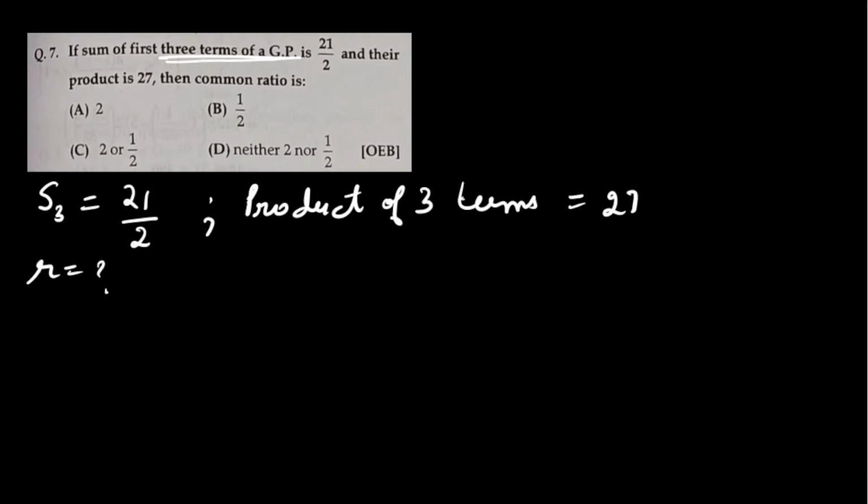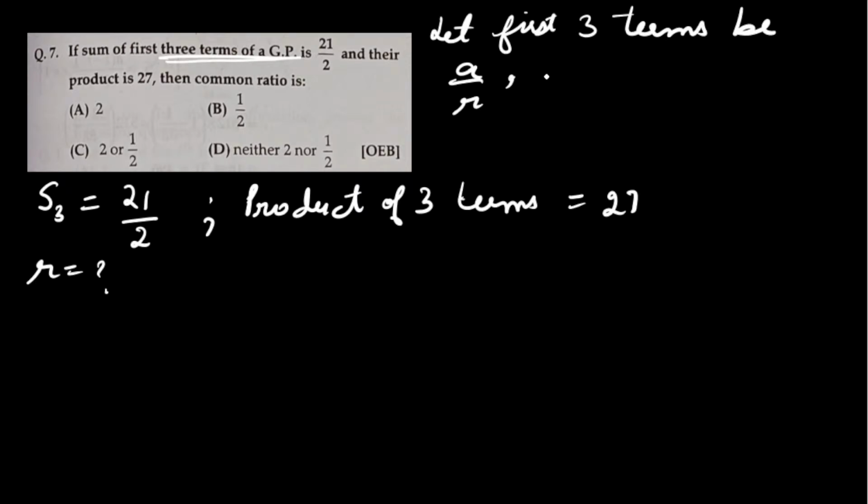Where I told you that we have to assume numbers in AP, we will just assume, let the first three terms be A by R, A and AR.